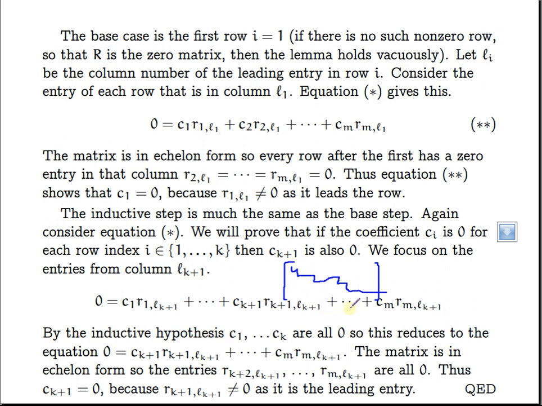Again, of all these subsequent rows, only this row has a non-zero entry in this column. So there's no way that I can take a linear combination of these rows and get a 0 entry in this column unless the coefficient of this row is 0. So that establishes the induction, which establishes my final result.